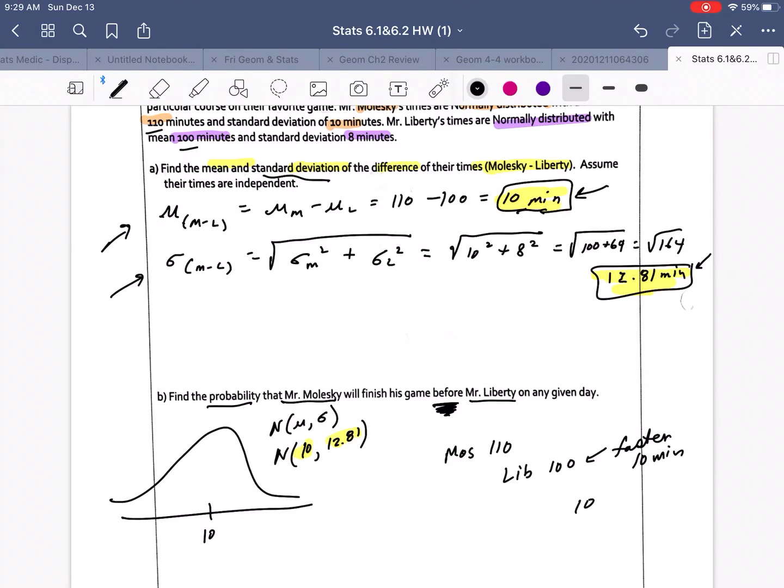So what's the probability Mosley will finish his game before? So this is where Liberty is faster. At 0, they have the same time. And if it was negative 10, that would be Liberty is faster. So I'm looking for the area here.